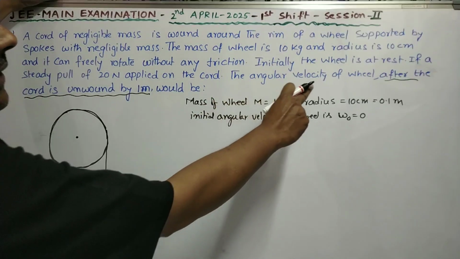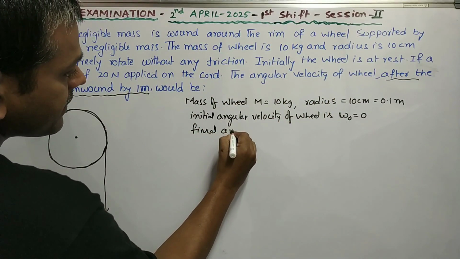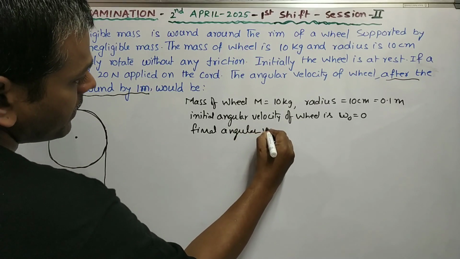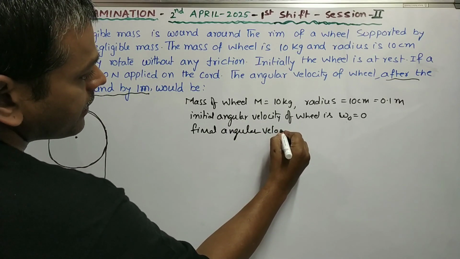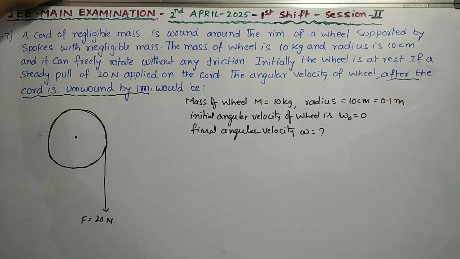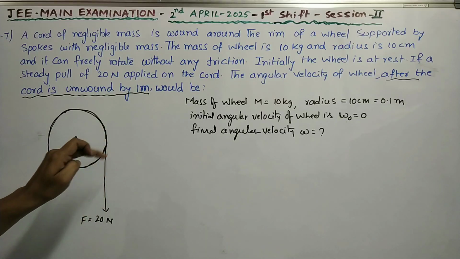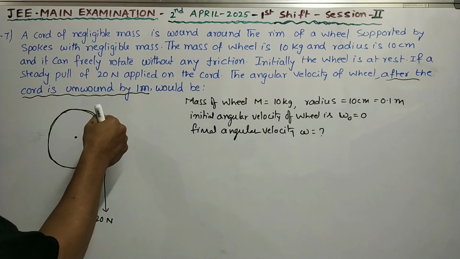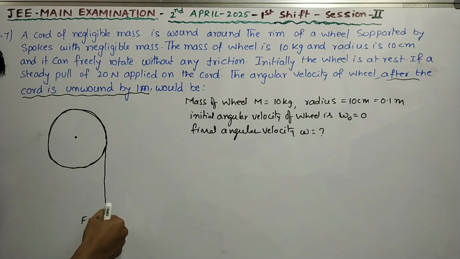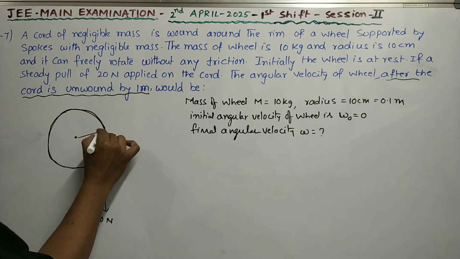What is being asked? The angular velocity of the wheel. So the final angular velocity omega is equal to what? This is asked after the cord is unwound by 1 meter. That means when the pulling force is applied, the cord unwinds.